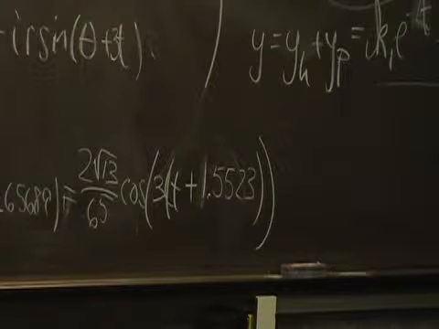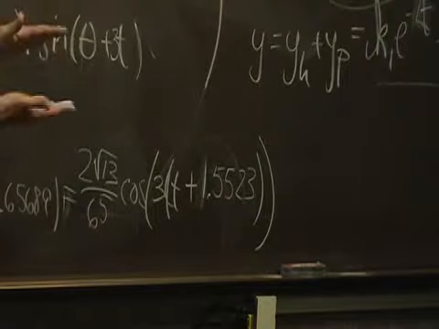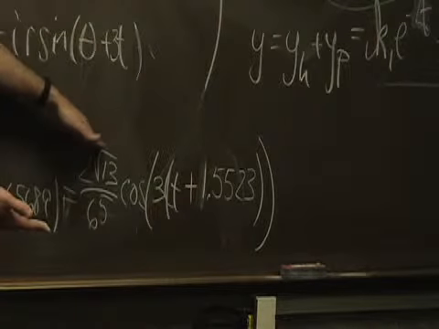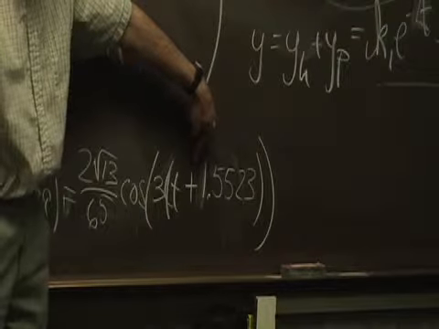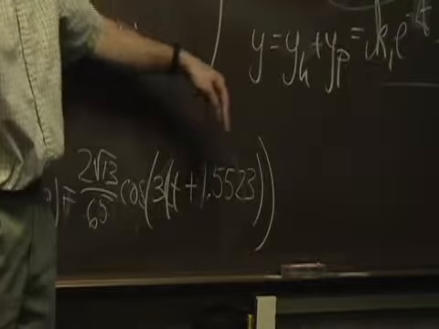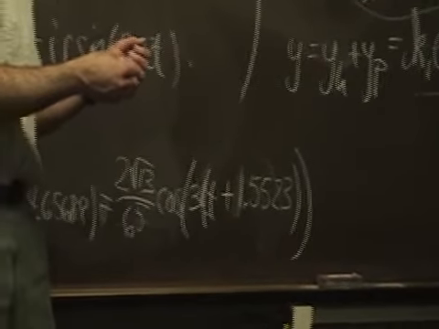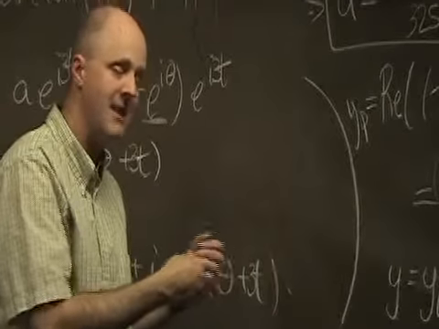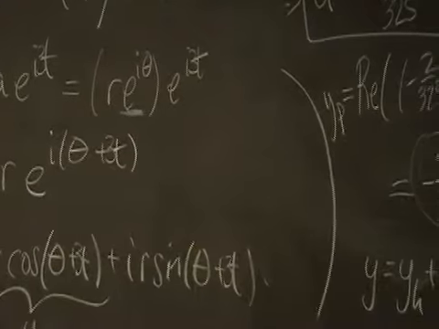So what this is telling us is we could take the graph of cosine of 3t, squish it down by this factor, which is a small factor, and shift it to the, careful here, if you've got a t plus 1.5523, it's actually best thought of as a shift to the left from a cosine wave by that amount.